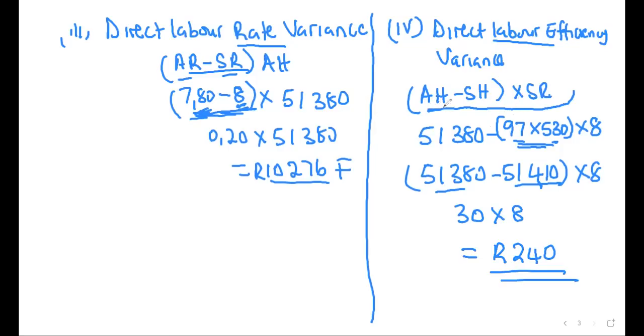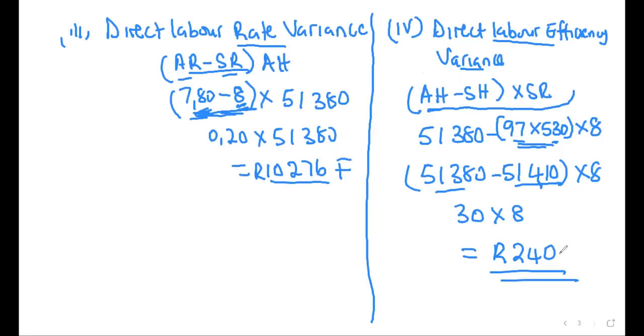If I want to calculate the direct labor efficiency variance, I figure out my formula, and then it's going to be easy. Once you know this part, you won't be lost much.